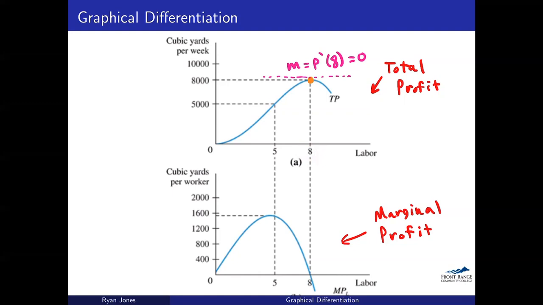So if that slope is equal to 0, then the marginal profit, which references the derivative of the profit function, has to be equal to 0. And as you can see, there's an x-intercept right there at 8. So when x is equal to 8, you have a derivative value that is equal to 0, right?